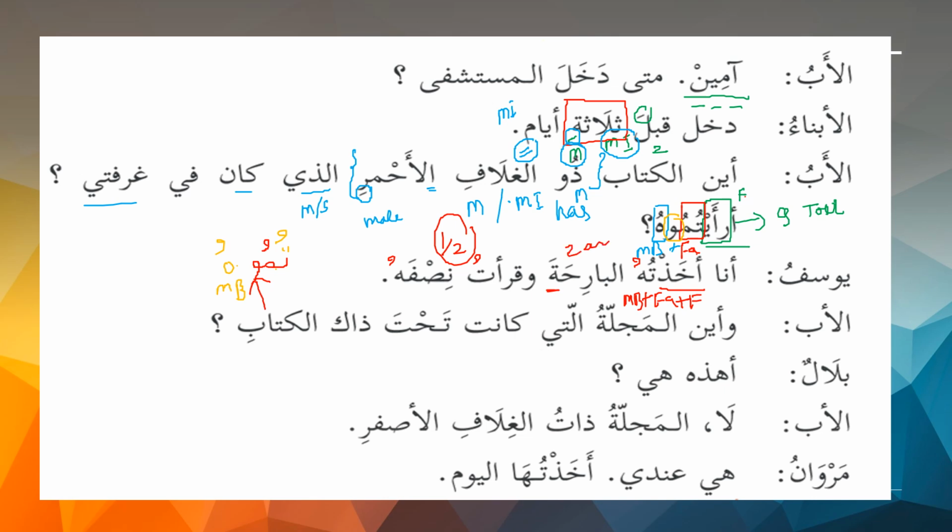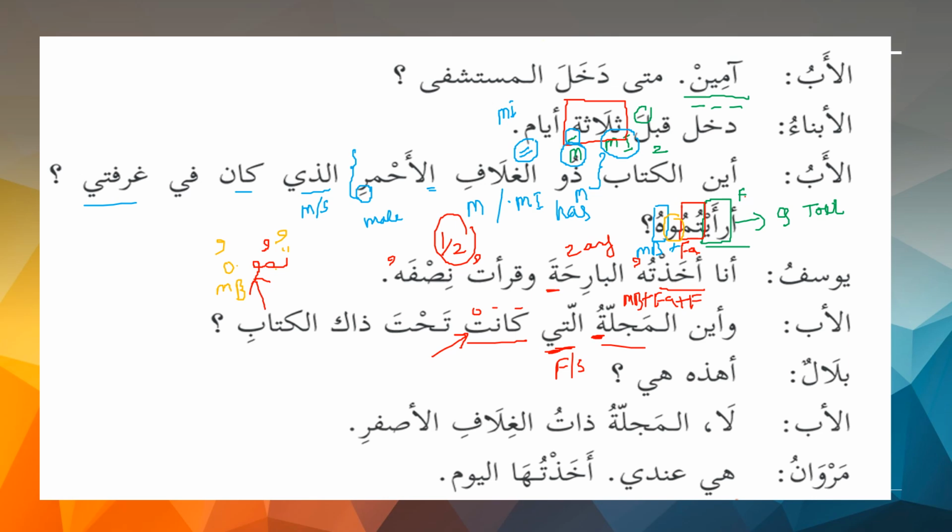Okay. Father asks, wa ayna al-majalla? Where is the magazine? Allati. So it's a feminine noun. That's why ism mawsul for feminine singular is used. Kanat, and you can see the change of fail naqis kana has been changed, and it comes with a ta tanis for the feminine singular in question.